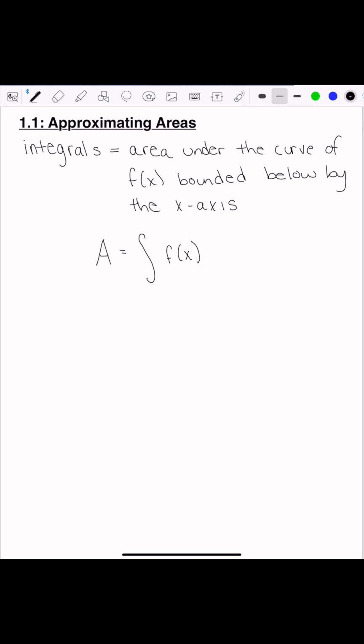We use a dx here to denote that it's the integral with respect to x, because x is the variable in our function. What we would also usually see is a small a or a number there, and then a small b or a number there. These are called the limits of integration. So a is the bottom bound and b is the top bound.